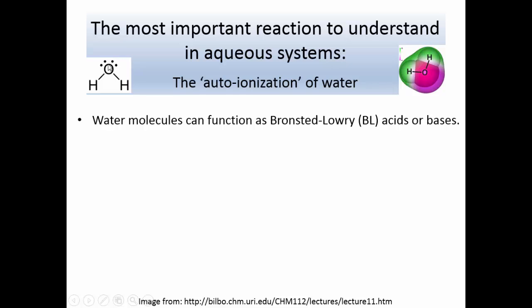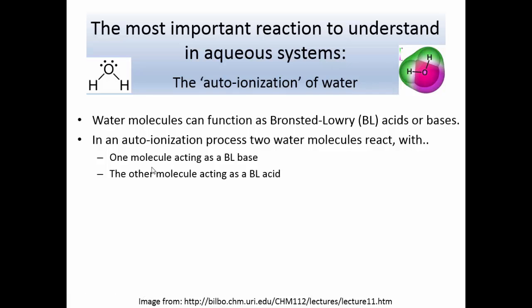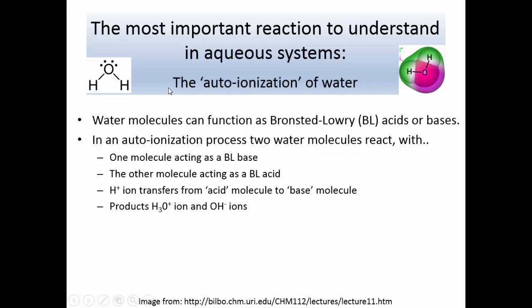So in a Bronsted-Lowry auto-ionization reaction, one water molecule behaves like the base. The other water molecule puts the acid hat on, with the hydrogen ion being transferred from the acid water molecule to the base water molecule, and the products being hydronium ions and hydroxide ions.